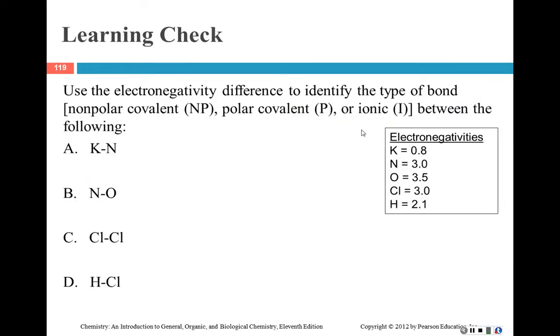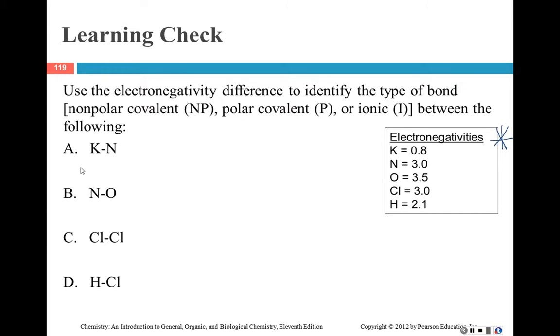So in your first learning check, use the electronegativity difference to identify the type of bond, nonpolar covalent, polar covalent, or ionic between the following. And I have added a little table here of the electronegativities for you to use.